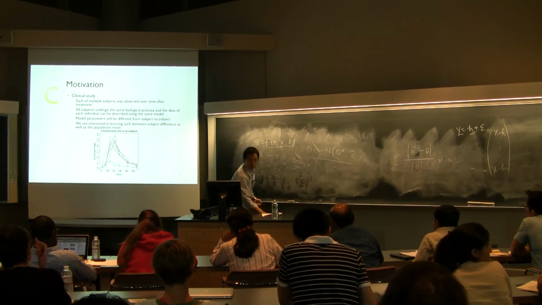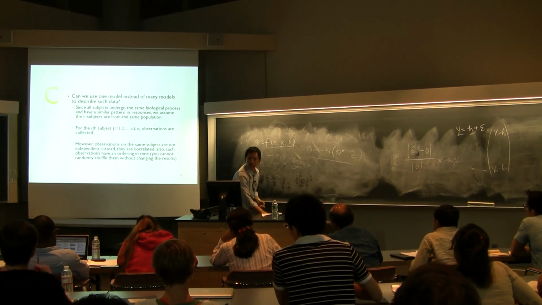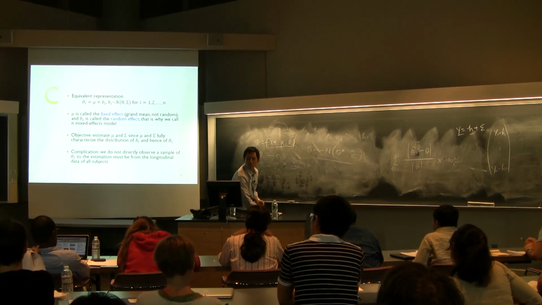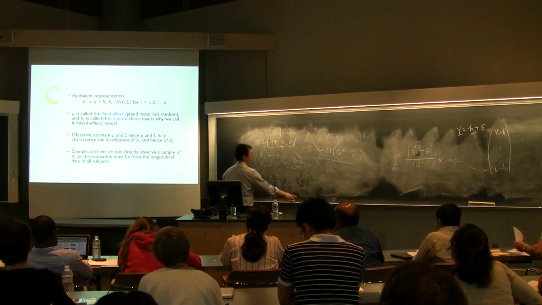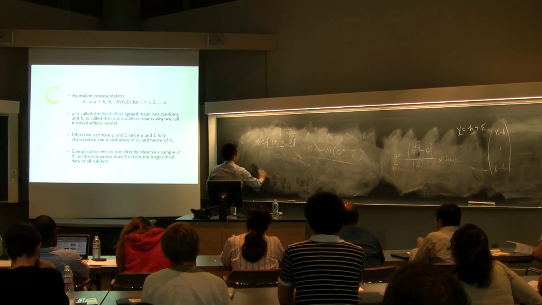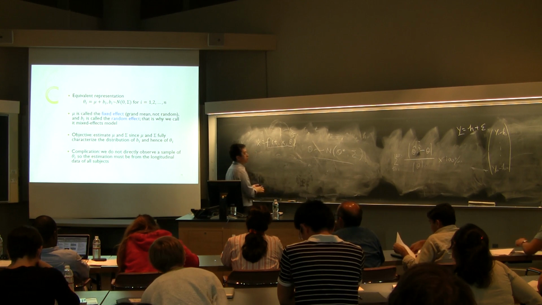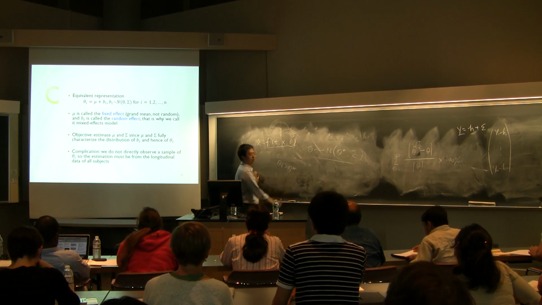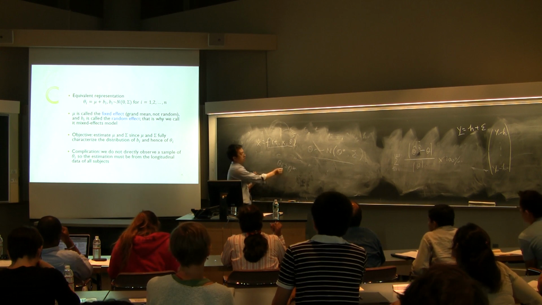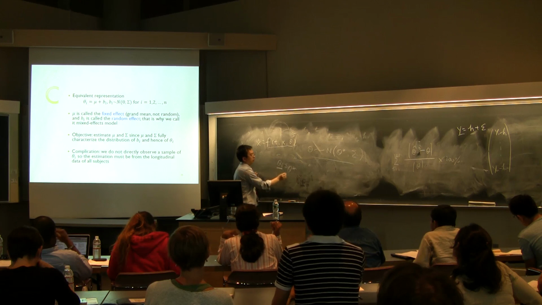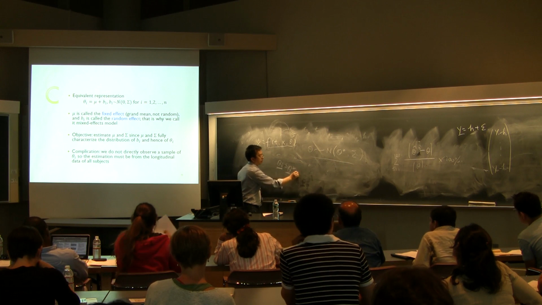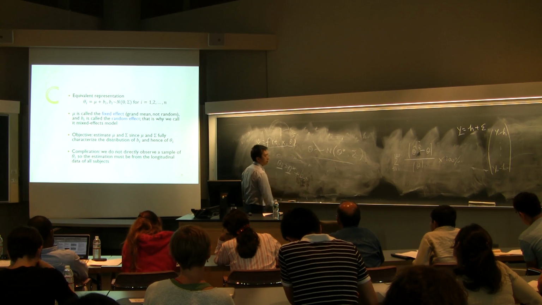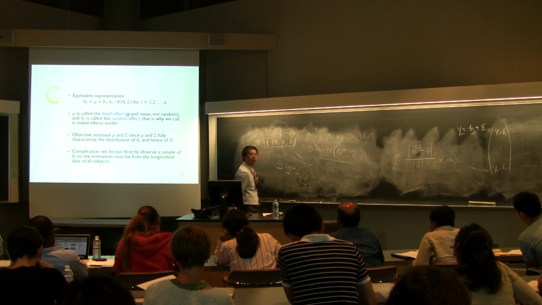Mathematically, I will write the parameter in this way. For each individual, this is the individual parameter. Now we know the mean is this, and the difference from the mean will be modeled by a random variable, b.